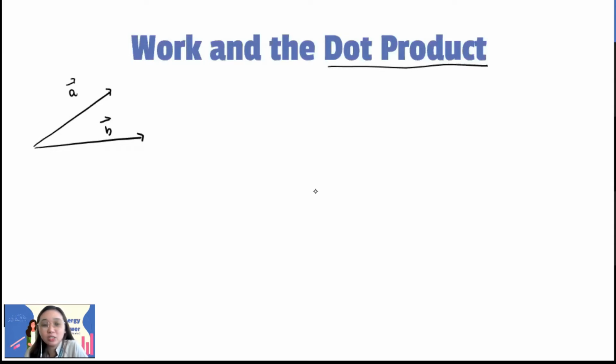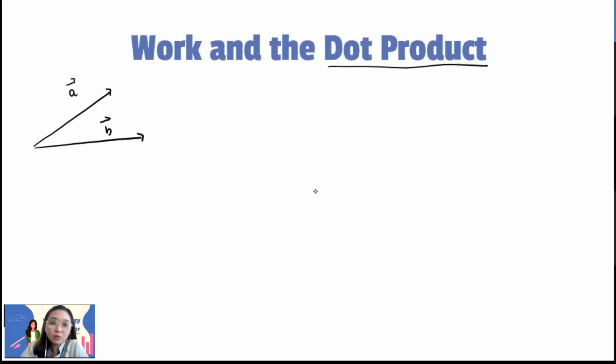On our previous discussion kay vector, ang ina-apply lang natin is always vector addition. Okay? Yung vector addition using Pythagorean theorem as well as Sohcahtoa para makuha natin yung magnitude and direction. Dito, kay dot product, kukunin natin yung effect ng one vector to another.